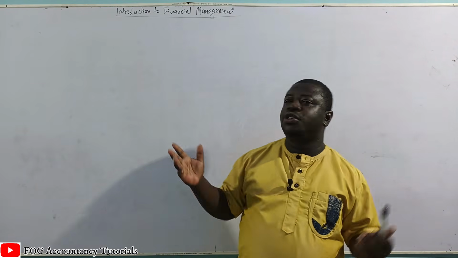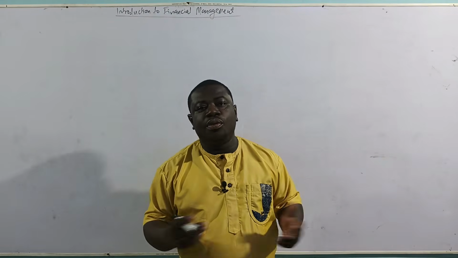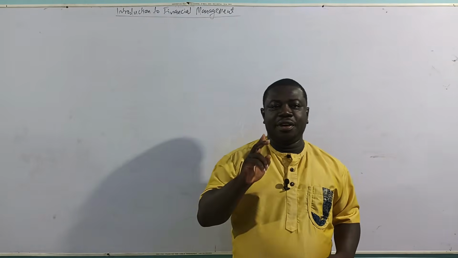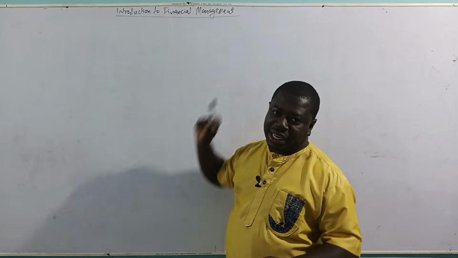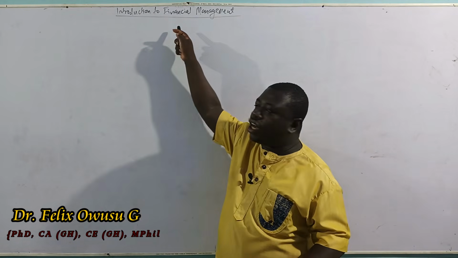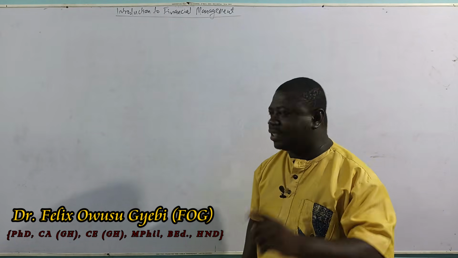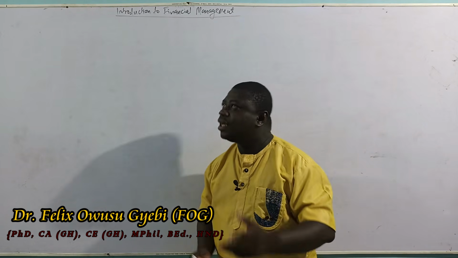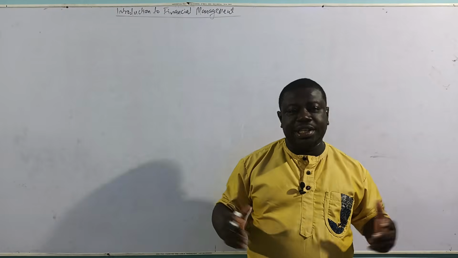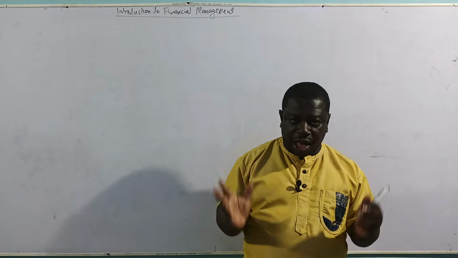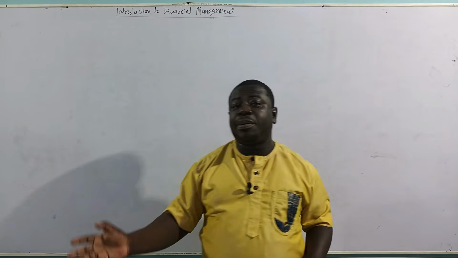So, introduction to financial management. Now, what is financial management? Financial management is two words put together: financial and management. Financial is from the root word finance, which means money. And management has to do with the act of planning, directing and controlling the affairs of something to achieve a particular goal.